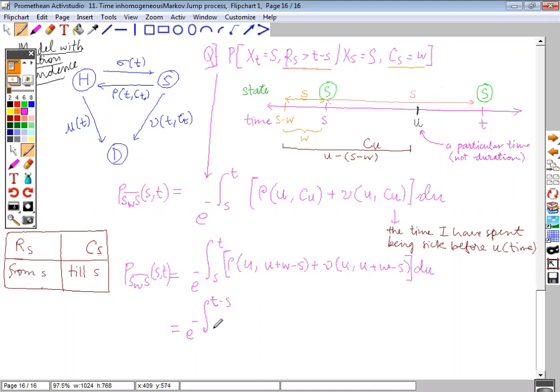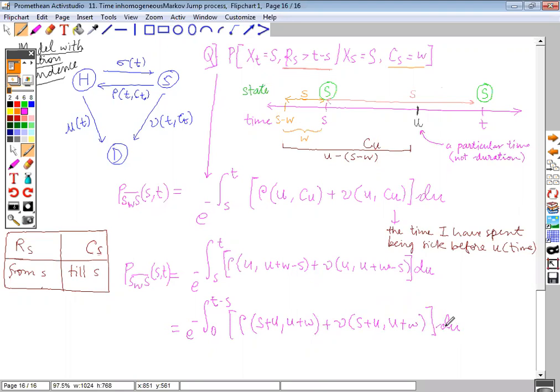So you have T minus S, 0. And here you'll have rho of S plus U, and here if you add S, you'll only have U plus W plus rho S plus U, comma U plus W, and here you will still have DU.